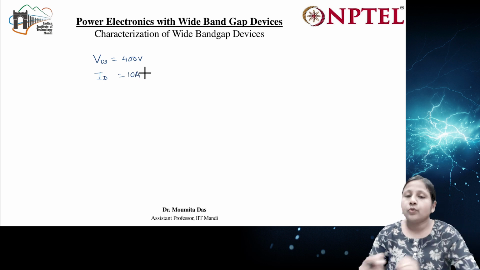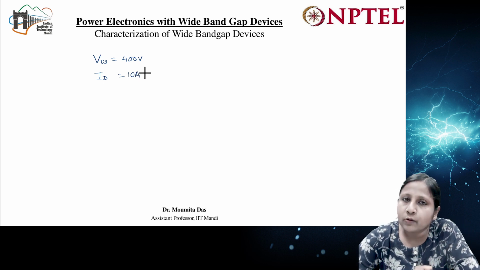Okay, so when we try to design any power electronics converter, buck converter, boost converter, what do we see? What is the rating of the device? Rating in the sense there are two parameters, one in terms of voltage, another in terms of current. When the device is off, how much drain to source voltage appears across the device, and when the switch is on, what is the maximum drain current flowing through the device.